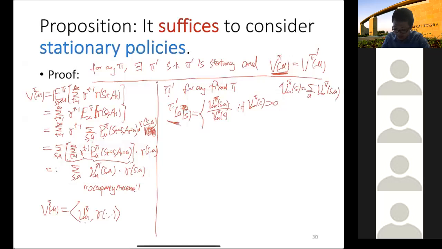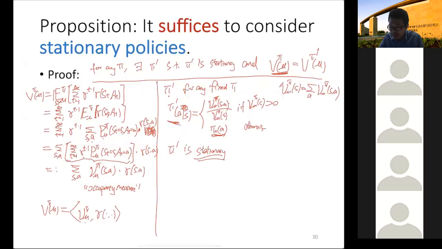On the other hand, if this is 0, then I cannot actually do anything. In this case, I can arbitrarily set this to be some state-independent action distribution. It doesn't matter what I take this pi_0 to be, so it suffices to focus on the first part. Recall why we are doing this. First of all, verify that this pi prime is stationary.